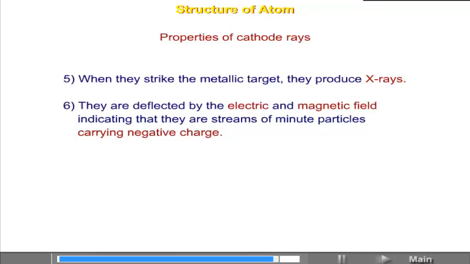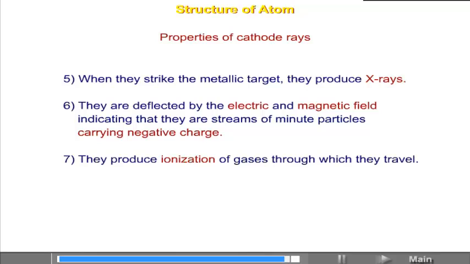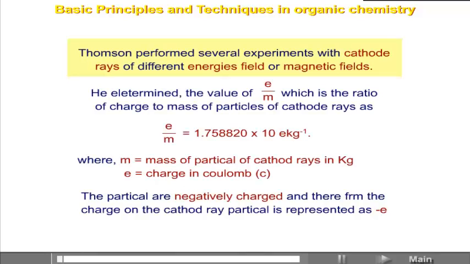In 1920, Rutherford proposed existence of a neutral particle, neutron. Niels Bohr was a Danish physicist who did research on atomic structure.